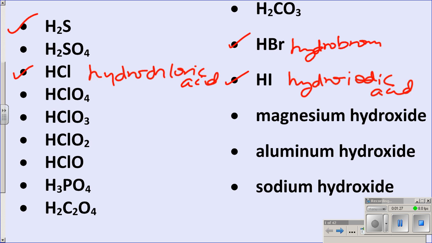Hydrobromic acid. So there's really no variation of the ending, right? It's just always ic acid, ic acid, ic acid, ic acid. Name that first one. Hydrosulfuric acid, okay? So the binary ones should be fairly easy. The ones that are ternary are going to be the ones with more than two different types of elements, and their endings are different. So how do you change the ending of a polyatomic?